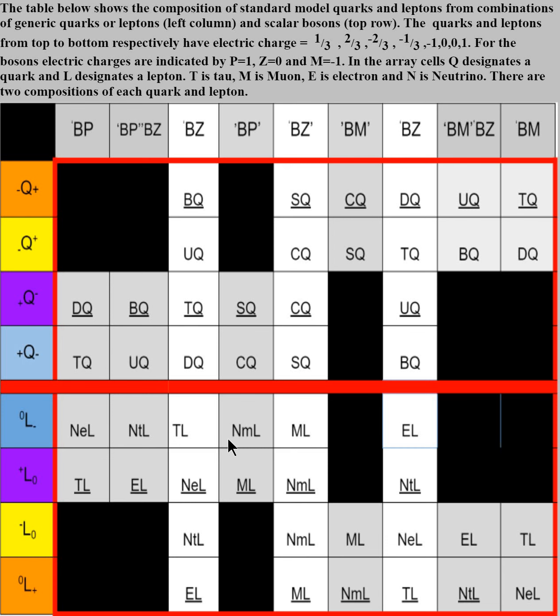And if we look over here at the muon neutrino, in this case it's being composed with the same minus 1 lepton, but it's being composed with a boson plus, which then negates the electric charge of the generic lepton and it has an electric charge of 0.